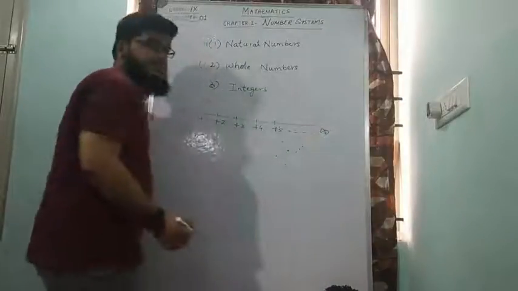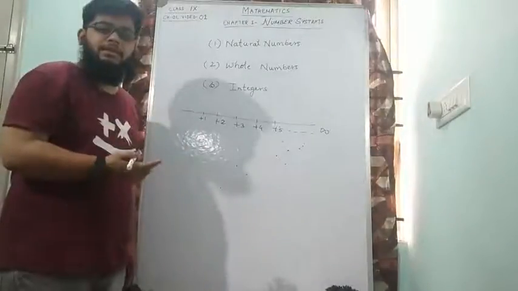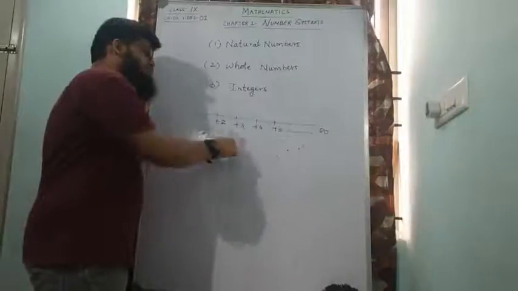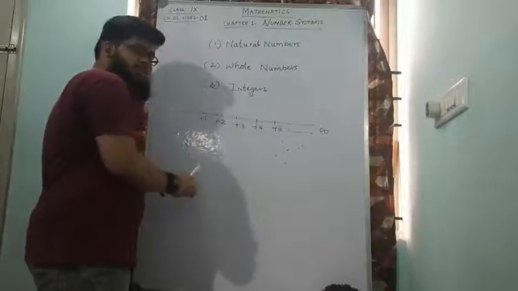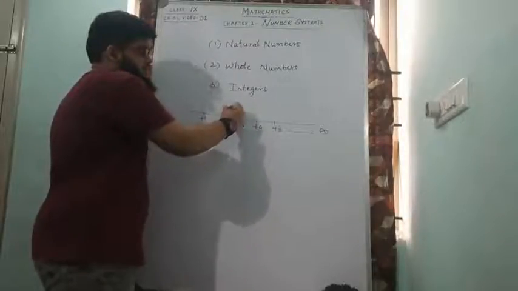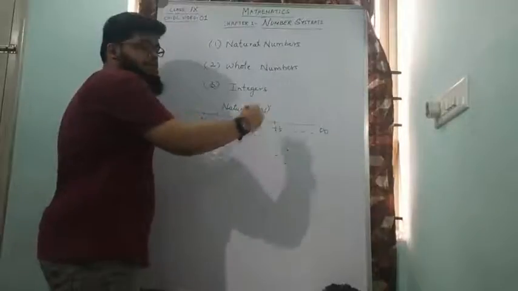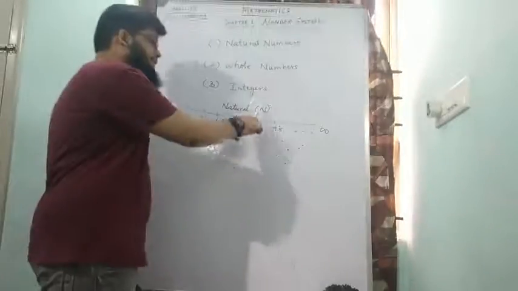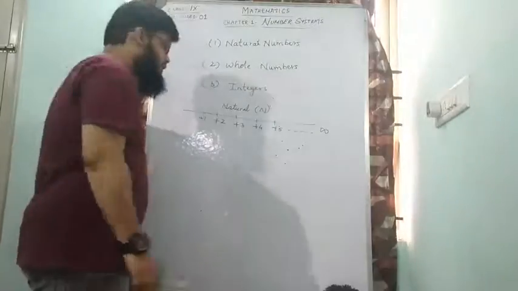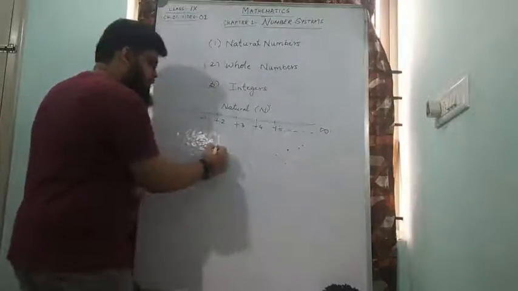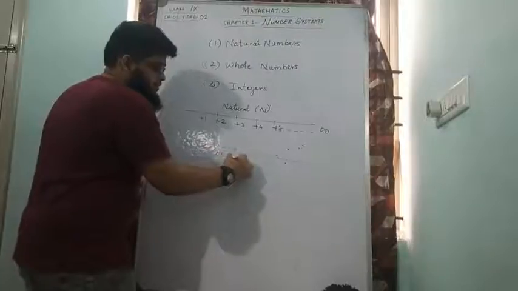Infinity is something that cannot be calculated, up to some value, right? So all these positive numbers are called natural numbers, identified with the letter capital N.